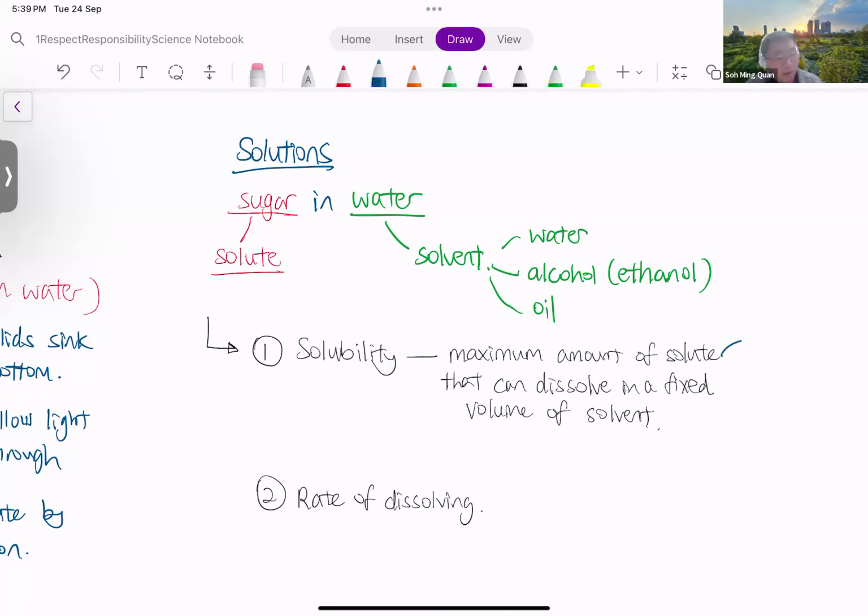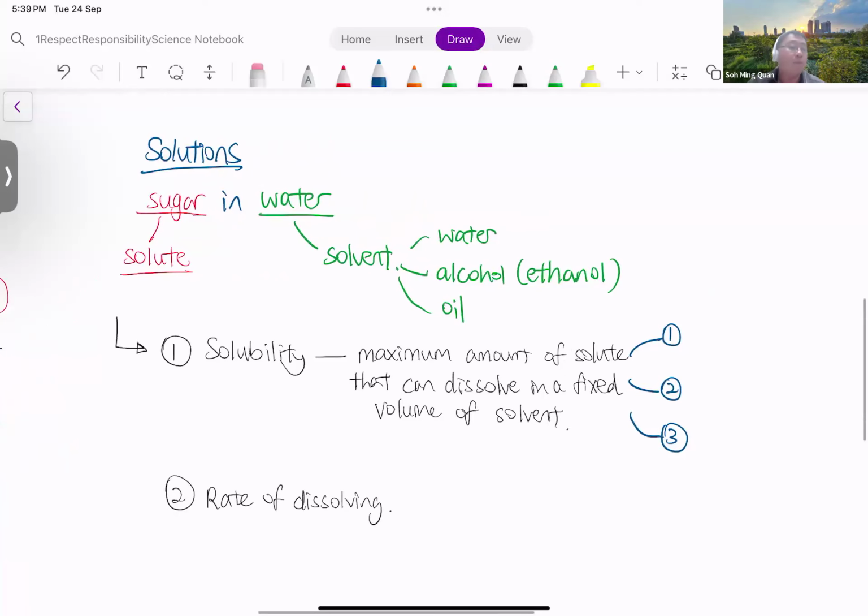And there are three factors which affect the solubility of a substance. Now, the solubility is affected, of course, by the type or the nature of the solute. So it depends on what you are dissolving. Is it sugar? Is it salt? Or is it something else? All right, so the solute matters. Different solutes will have different solubilities. The solvent also makes a difference.